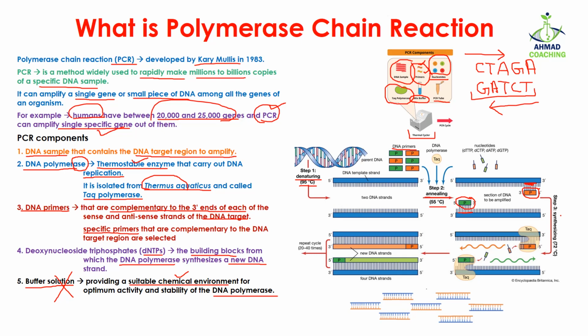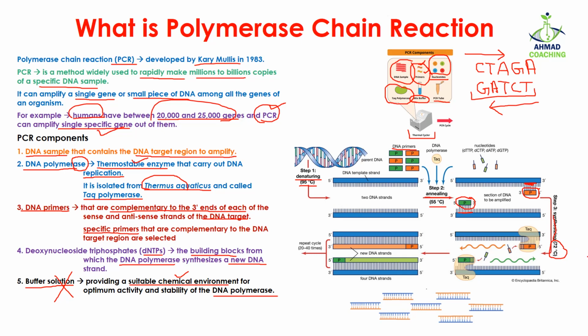After that, step 3 comes, which is the synthesizing step, and this takes place at 72 degrees Celsius. In this step, the DNA replication will take place, when the nucleotides add into the strand.